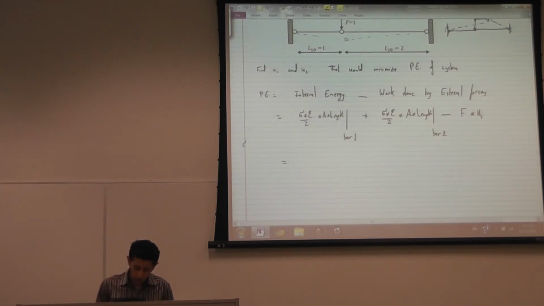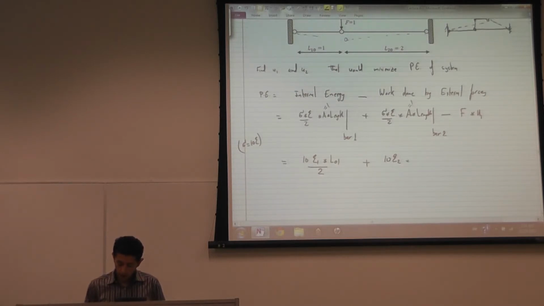So the stress is equal to 10 times the strain, so this is equal to 10 times the strain in the first bar multiplied by the length of the first bar divided by 2, plus 10 times the strain in the second bar, and the area is equal to 1, multiplied by the length of the second bar divided by 2. F is equal to -1, so plus U1.